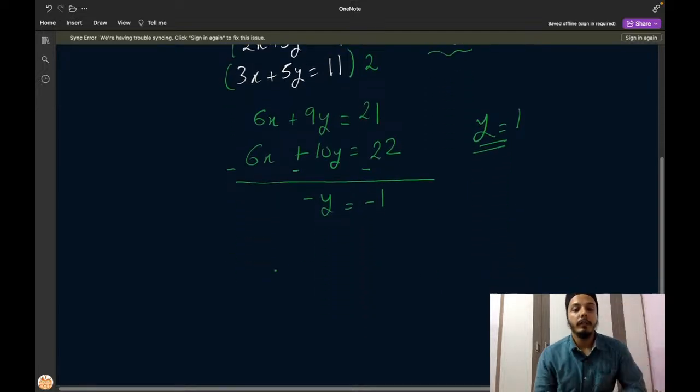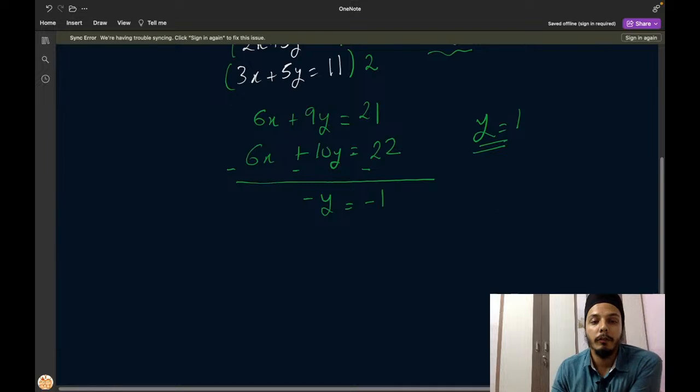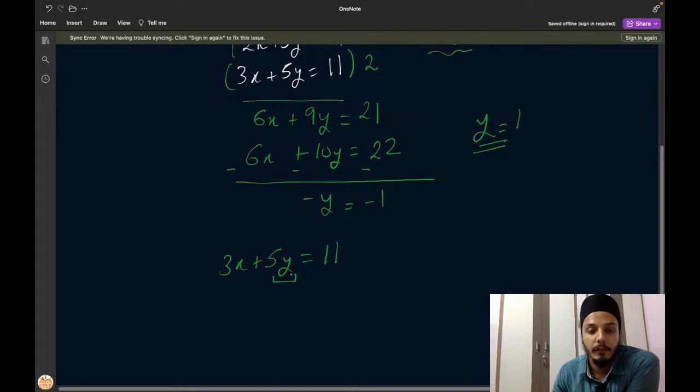Now we can back substitute the value of y into one of our equations. So let us take the equation 3x plus 5y equals 11. The value of y was 1. So we have 3x equals 11 minus 5. So x will be equal to 6 by 3.